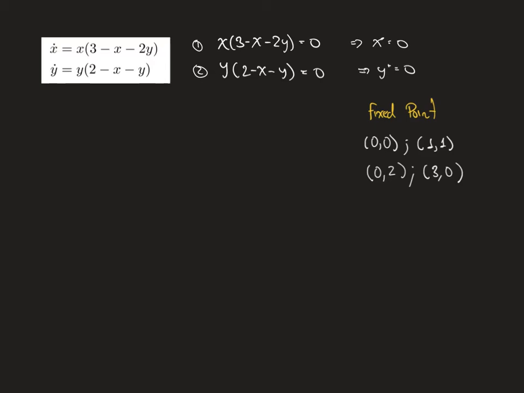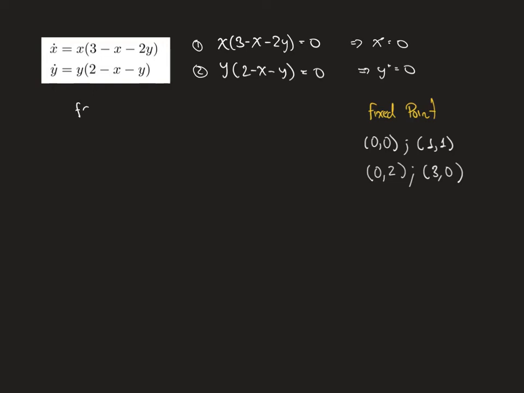Finding the role of each fixed point, or the stability of each fixed point. Then we want to find what? The Jacobian around each fixed point. This is the first thing we will do, okay? So let me write again here.